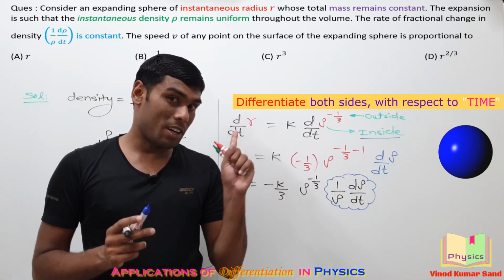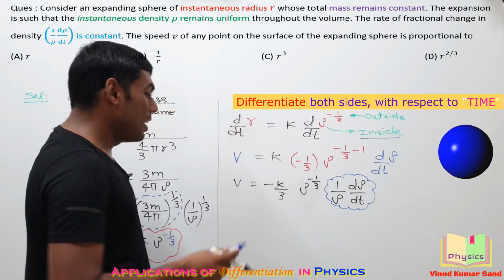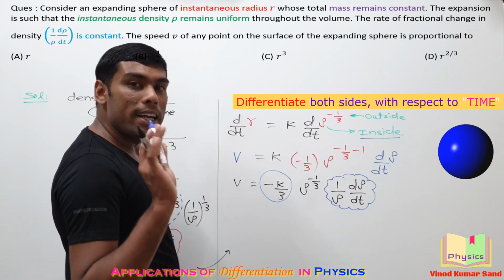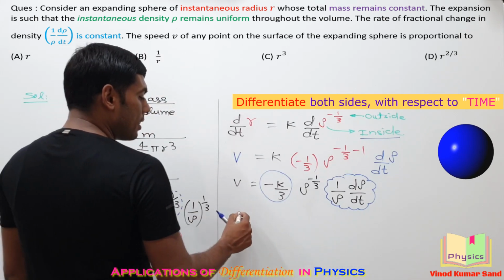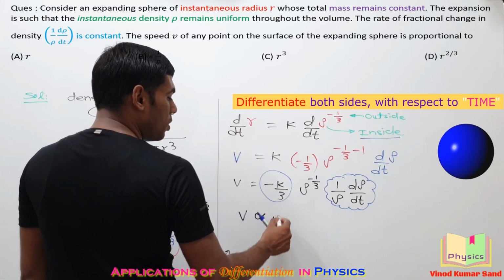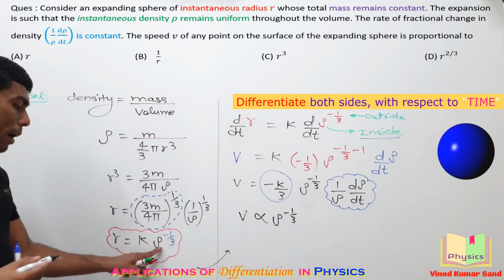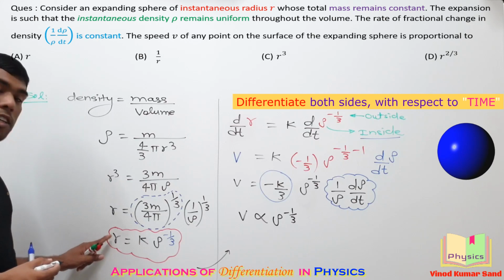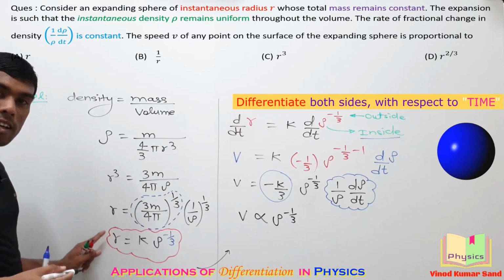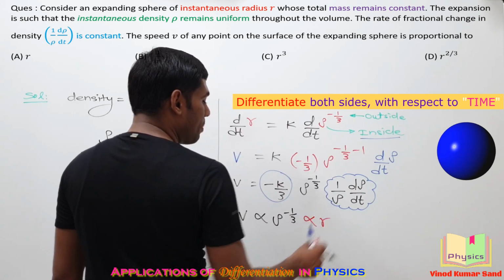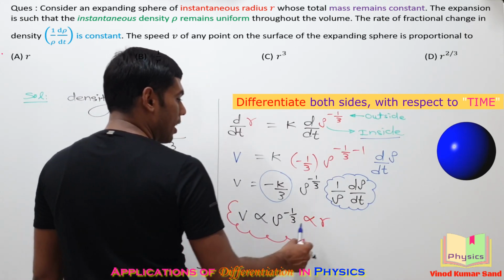Is a constant according to the language of the question. This minus k by 3 is also a constant. It means you can directly say that v is proportional to rho to power minus 1 by 3. And rho to power minus 1 by 3 in turn is proportional to what? The radius R. It means this speed is directly proportional to the radius R.